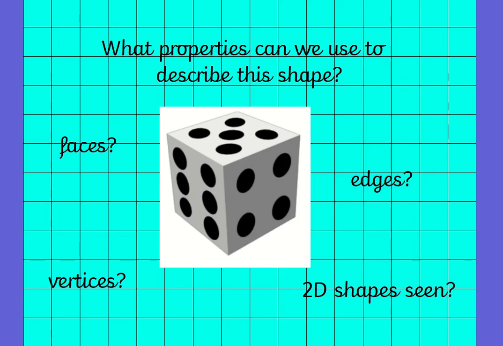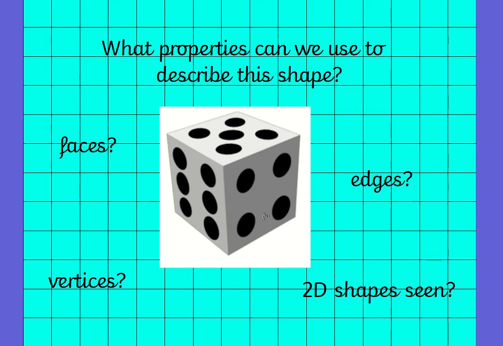Right then, so have a look at this 3D shape that's in a real world context. I'm sure you recognise it. This is a die. I know lots of people call it a dice, but if there's just one on its own, it is called a die. And on this die, we can see faces, edges, vertices and 2D shapes. Now what can we see?